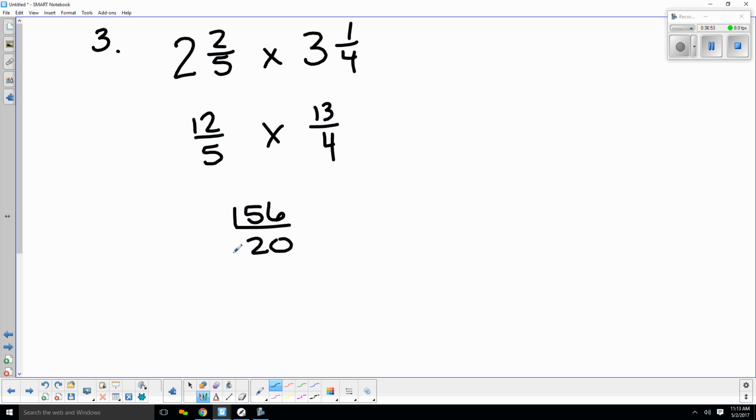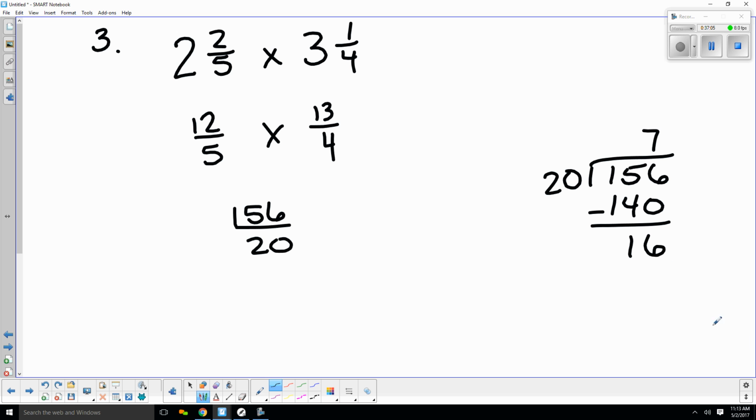If I need to change this mixed number back, I'm going to show you just very quickly. You can divide. It'll go into it 7 times, which is 140. I'm going to subtract. Remember, this is my whole number. This is my numerator, which is the top number.